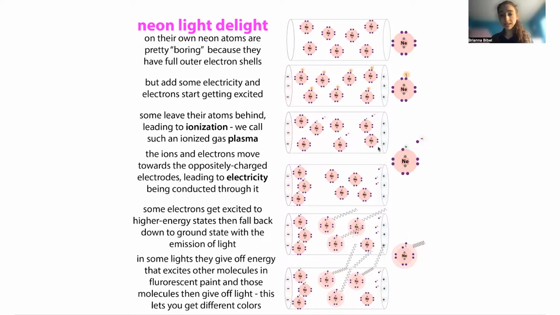And so we have a positively charged end, and the free electrons are going to be wanting to go there. And then we have a negatively charged end, and those positively charged neon ions are going to want to go there. And this is happening in the gas in this tube. And so these gas molecules are whizzing through the tube trying to get to their opposite charge, because opposite charges attract.